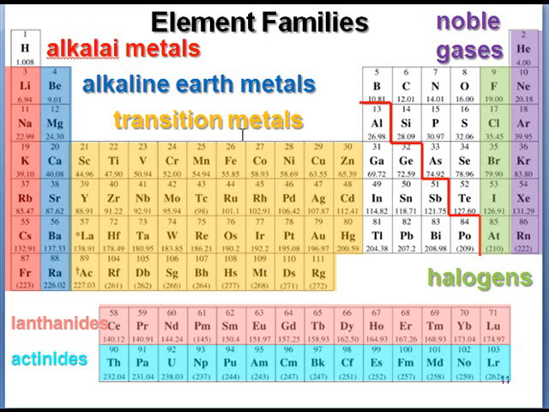This group here, these are the transition metals. This group here, they're called the halogens. They will tend to gain electrons. And finally, this in purple are the noble gases. Down here we have the lanthanide series. The lanthanide series is interesting.